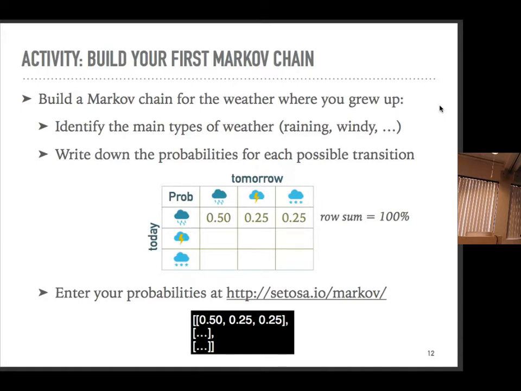This is the population. So then maybe the first row.